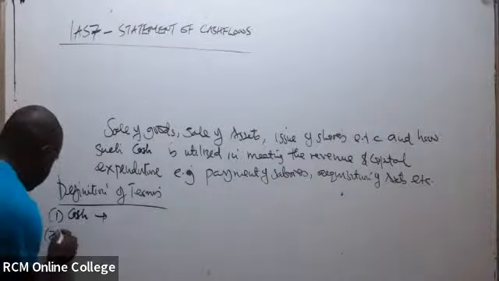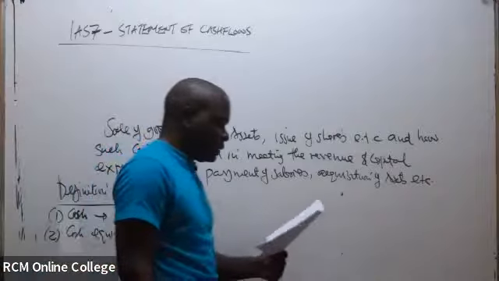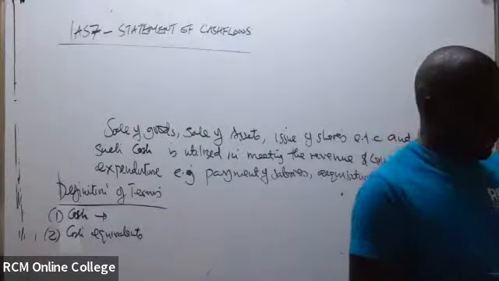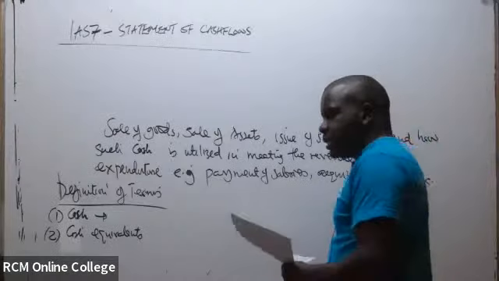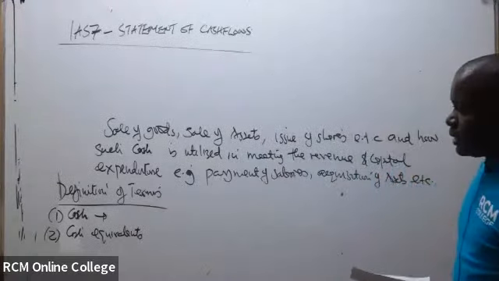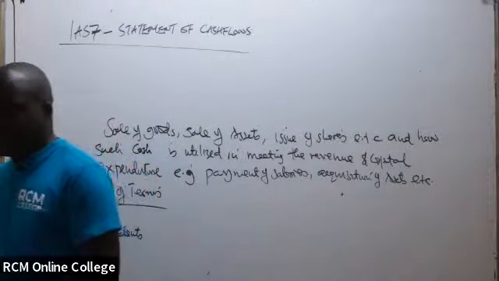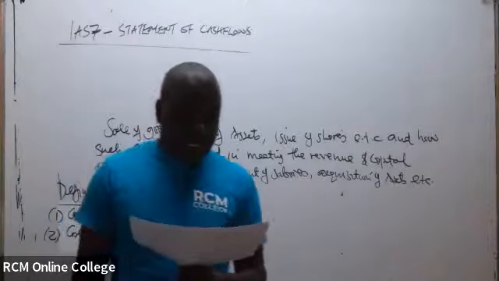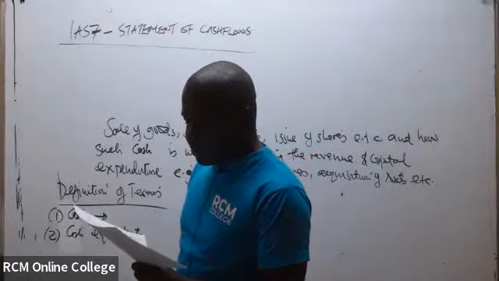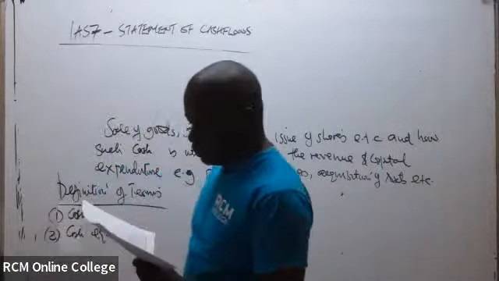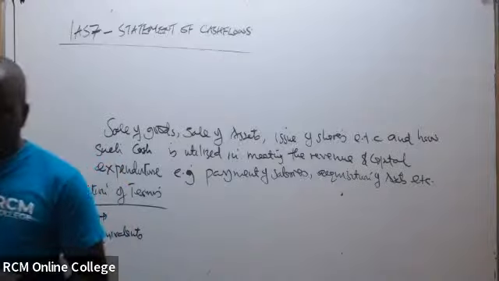Then in this case, term number 2, cash equivalents. These are short-term, highly liquid investments that are readily convertible to an amount of cash.